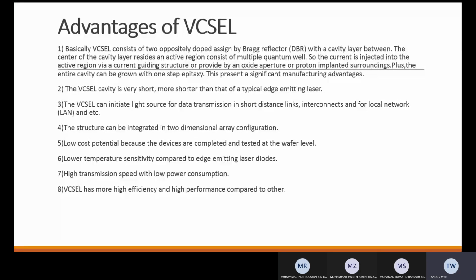It has low cost potential because the devices are completed and tested at the wafer level. It has lower temperature sensitivity compared to edge emitting laser diodes, high transmission speed with low power consumption, and higher efficiency and performance compared to others.